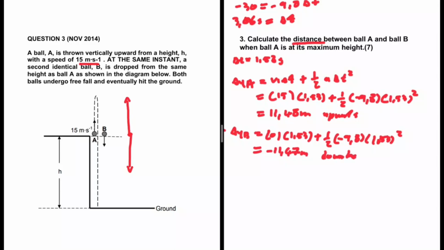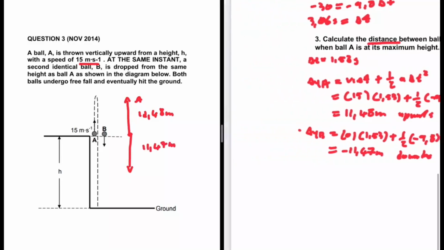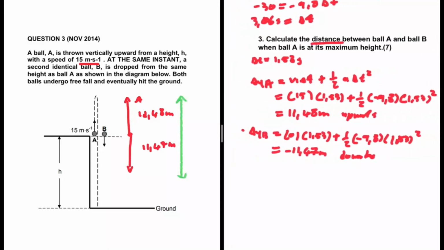So for ball A, we have a displacement of 11.48 meters upwards, and then for ball B, we have a displacement of 11.47 meters downwards. What we want is the distance between the two.